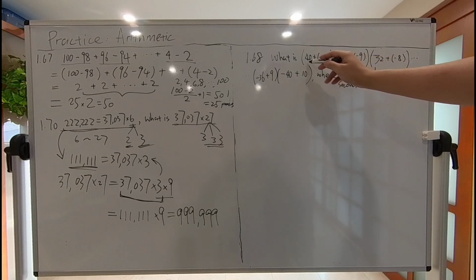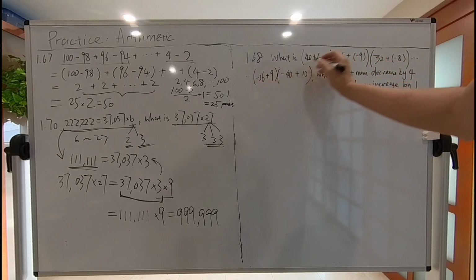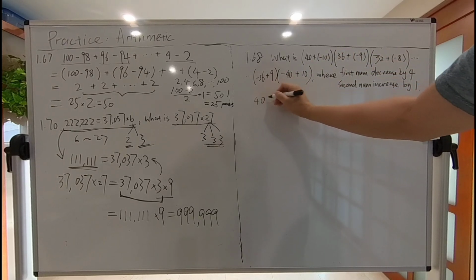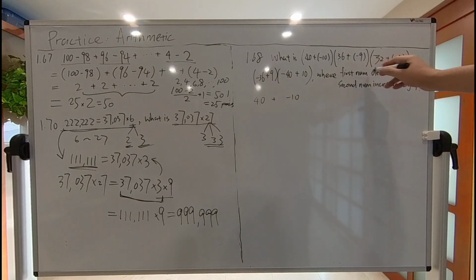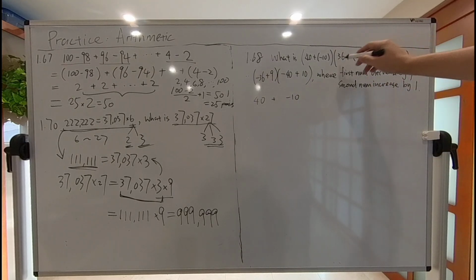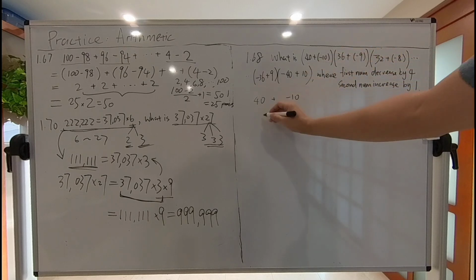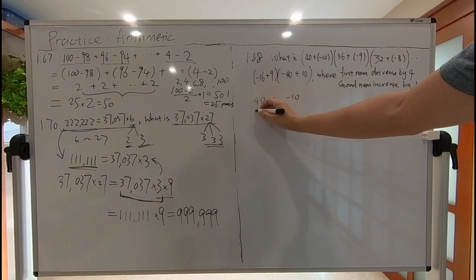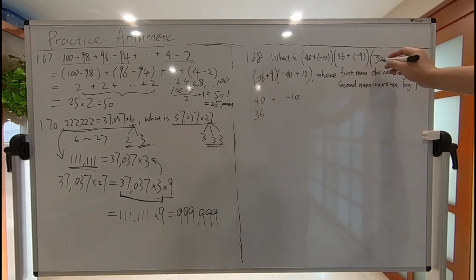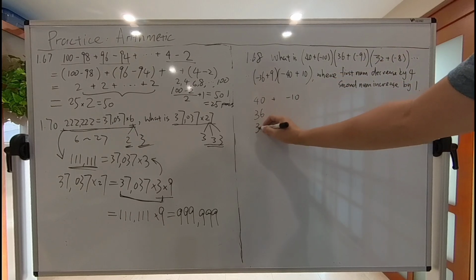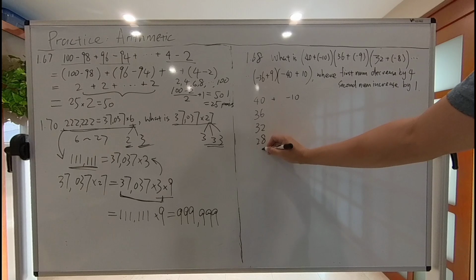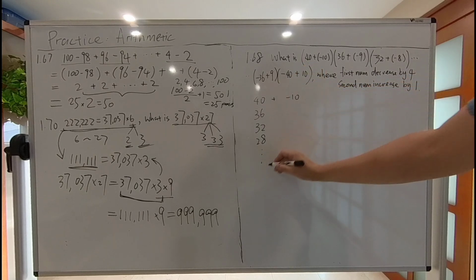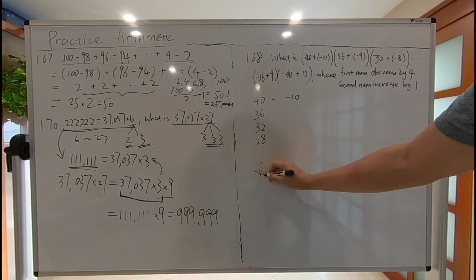So the pattern is that the first number, you see you have 40 plus minus 10. The first number is decreased by 4, right? In the next bracket, the first number becomes 36, and the next becomes 32, and it should then become 28, and keep going until the last term is actually negative 40.